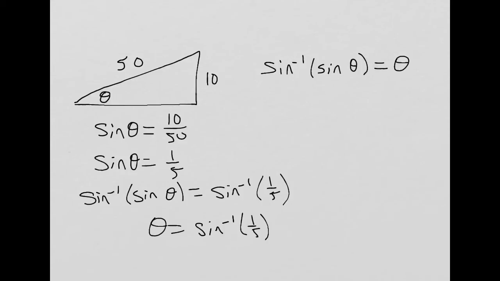That doesn't work out to be a terribly nice number. If you've got your calculator in degree mode, it's about 11.5 degrees. Or if your calculator's in radian mode, this is about 0.201 radians.